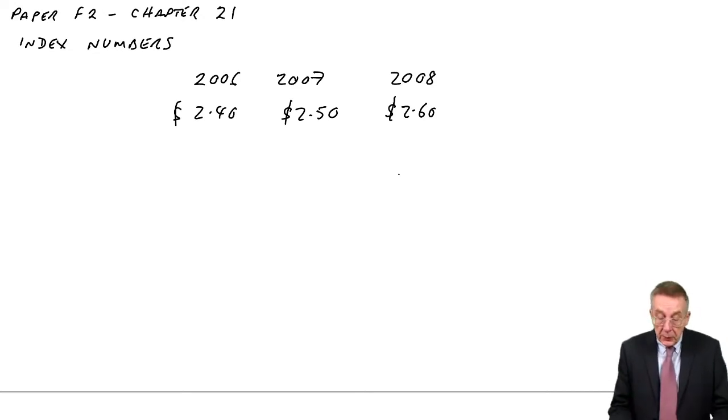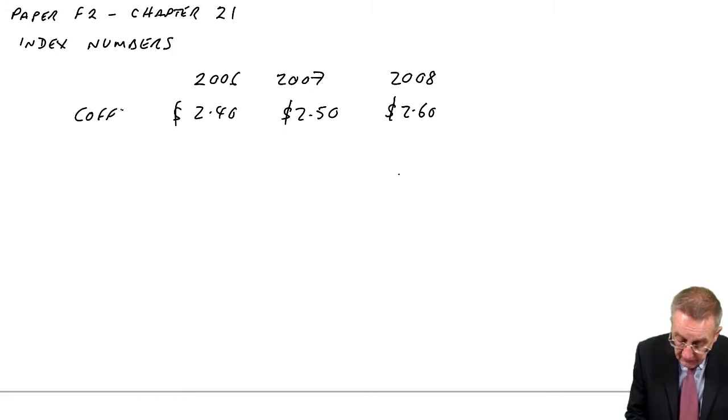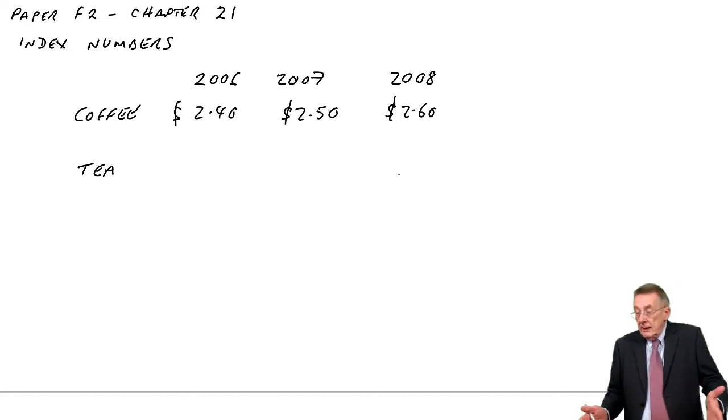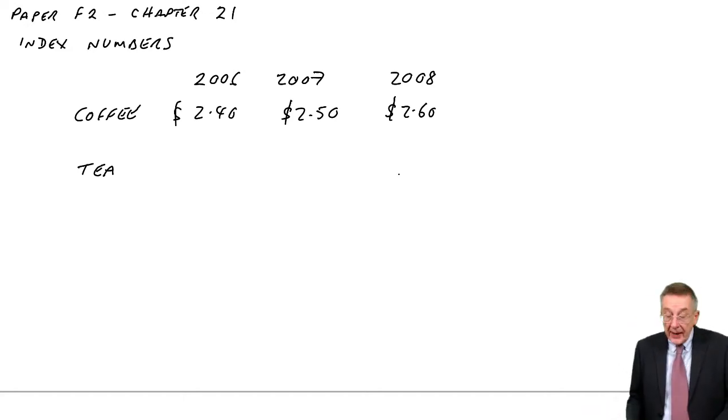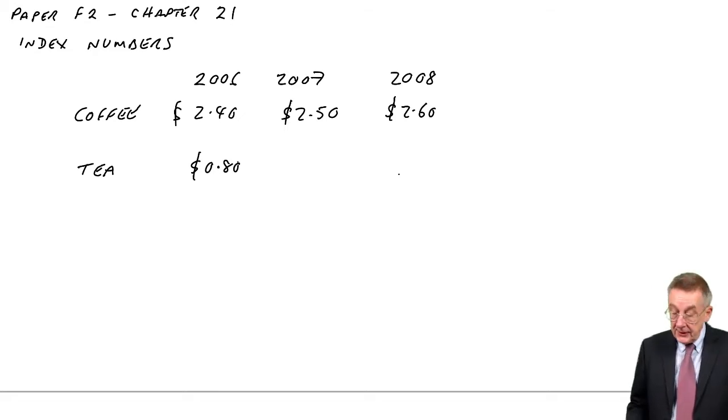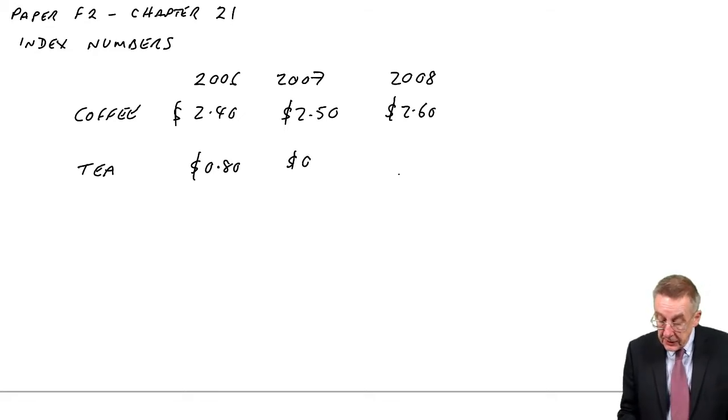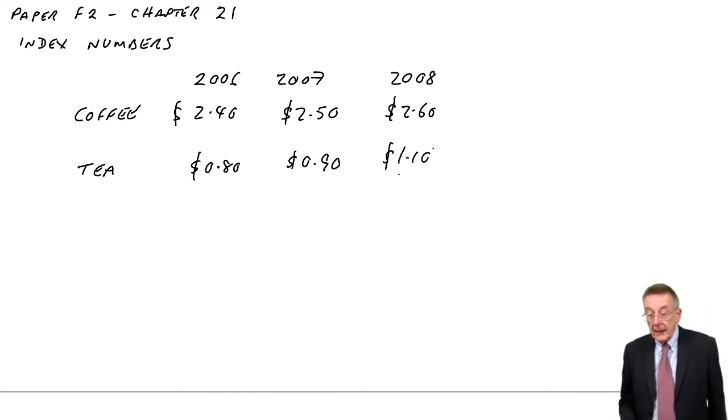But if I told you that tea, I don't know the price of tea, but suppose a packet of tea used to cost 80 cents in 2006 and went up to 90 cents in 2007 and went up to $1.10 in 2008.